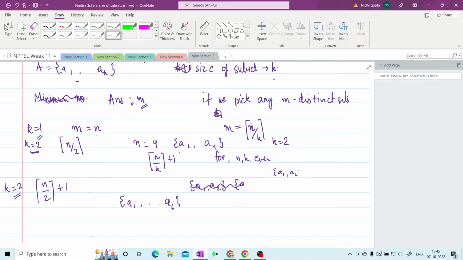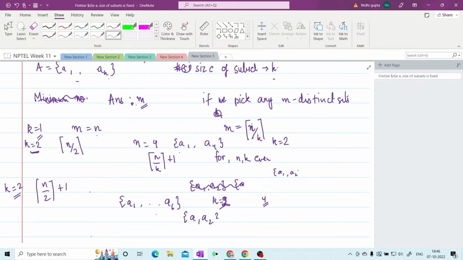Let's say for bigger things, k equal to 3. If k equal to 2, the ceiling function will give you 4, right? Yes, ma'am.